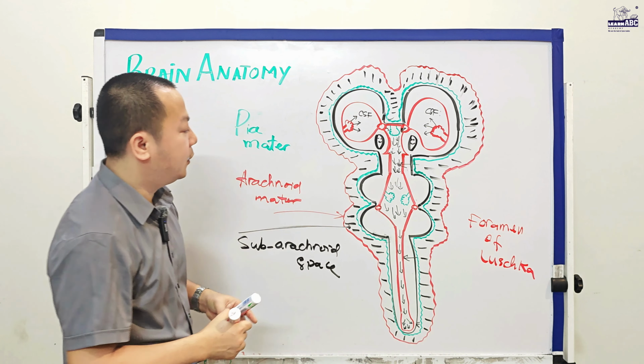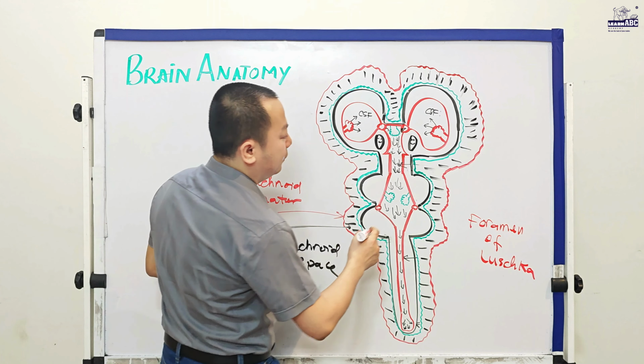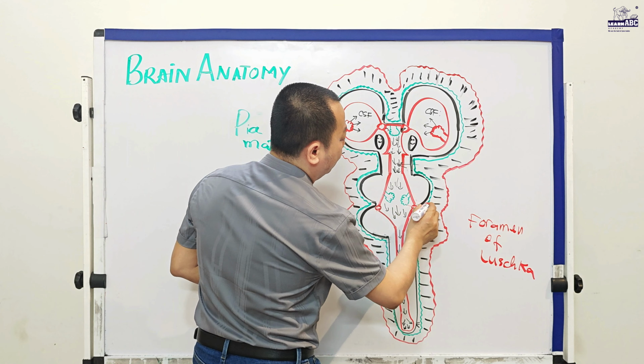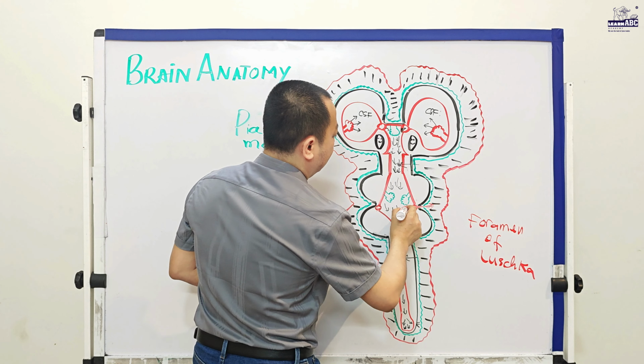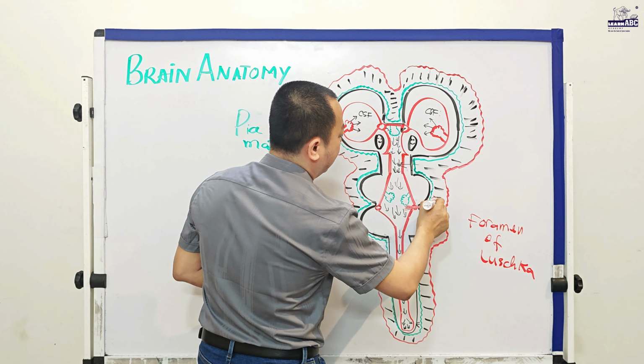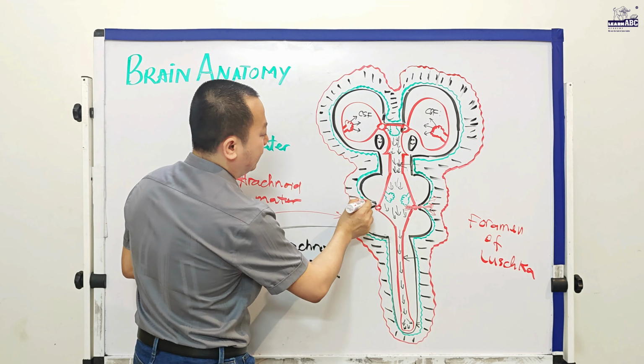Through this foramen of Luschka, the CSF will go to the subarachnoid space. The CSF will move out to the subarachnoid space here.